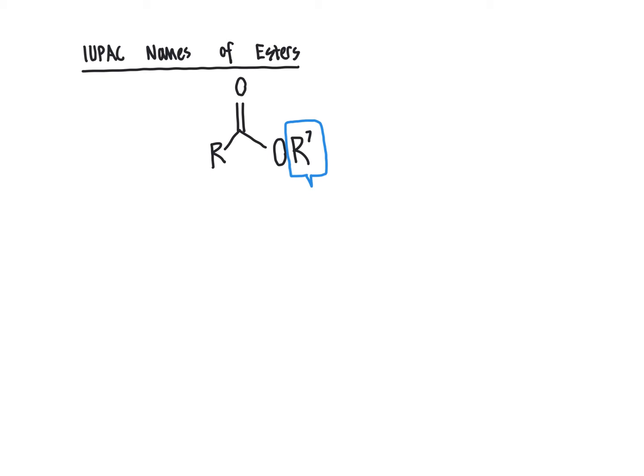So you would name that alkyl group within the name of an ester. And then the other part of the molecule, our carbonyl directly bonded to the oxygen, we name as an alkanoate. So take whatever the alkane name would be that would correspond to the carbonyl plus however many other carbons were over here, and branches and things, and name that and tag the term oate onto it, so an alkanoate.